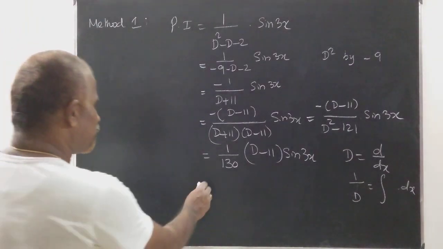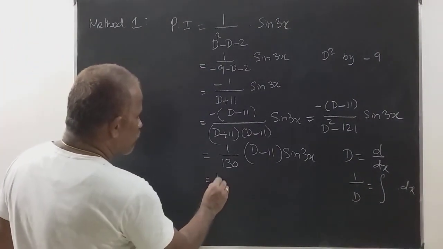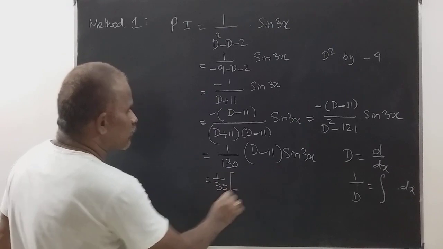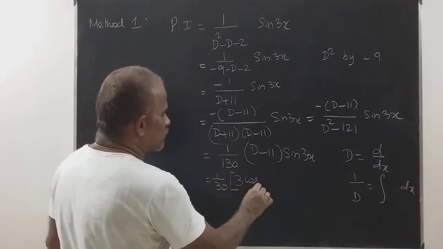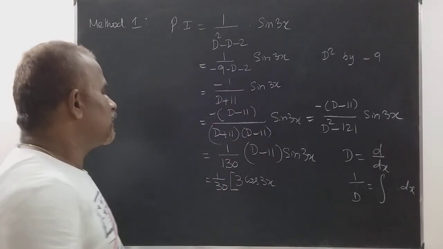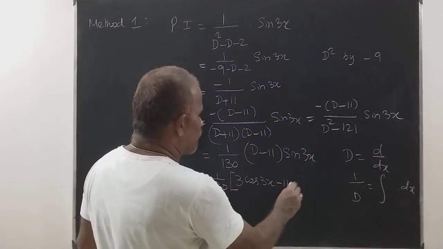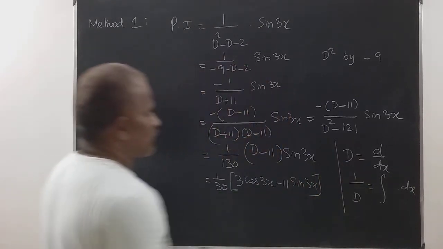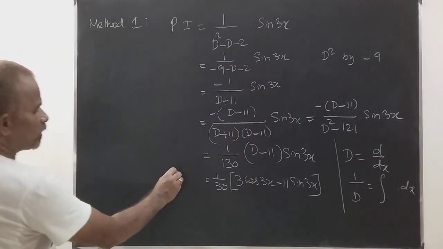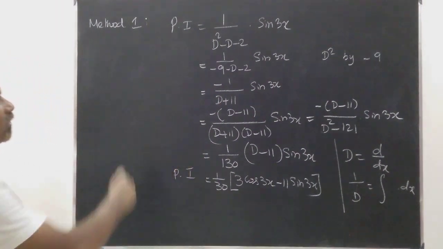So therefore this is equal to 1 by 130 into d of sin 3x, which is 3 cos 3x, minus 11 sin 3x. So this is the particular integral of the given problem.